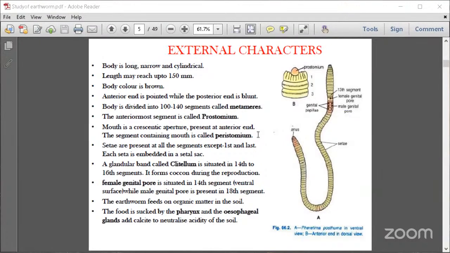Setae are present on all the segments except the first and last. Each seta is embedded in a setal sac.